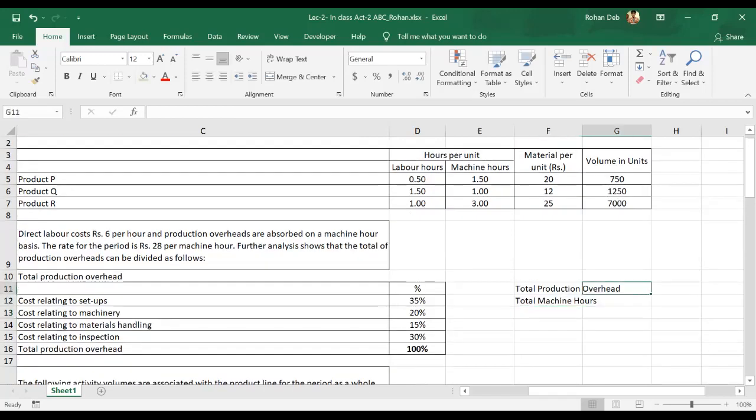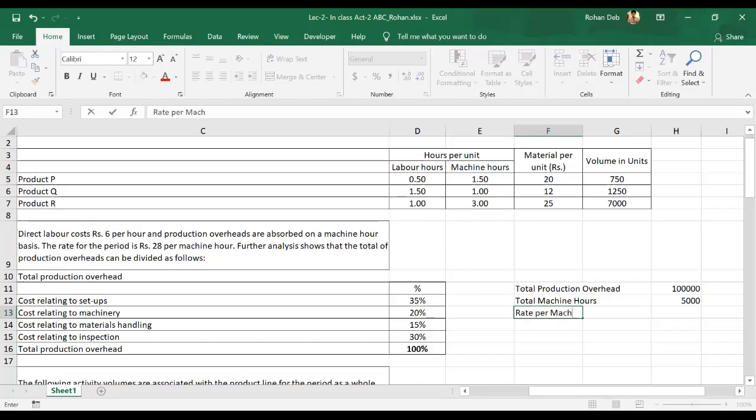Let's say this was 1 lakh, and machine hours was 5,000. That's how we used to get the rate per machine hour: the production overhead divided by the number of machine hours gave us the rate of 20.